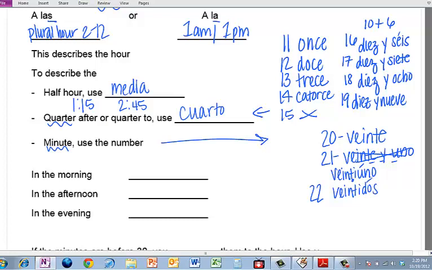And there's an accent to stress that one as well. And then the pattern just continues. Veintitrés, veinticuatro, veinticinco, veintiséis, veintisiete, veintiocho, veintinueve. And then after veintinueve, you would use media.